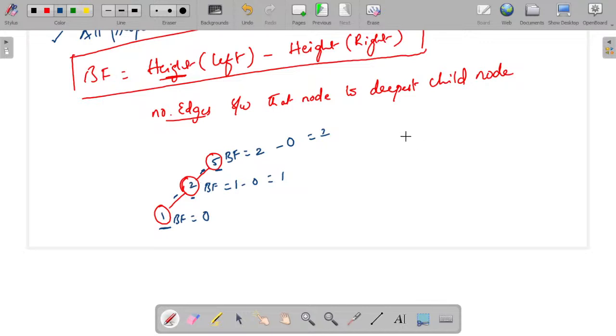So can anyone tell me now the balance factors for this particular node? Let us say here I have 10, and here I have 8, here I have 9, and here I have 5. Can anyone tell me the balance factor for this particular node now?